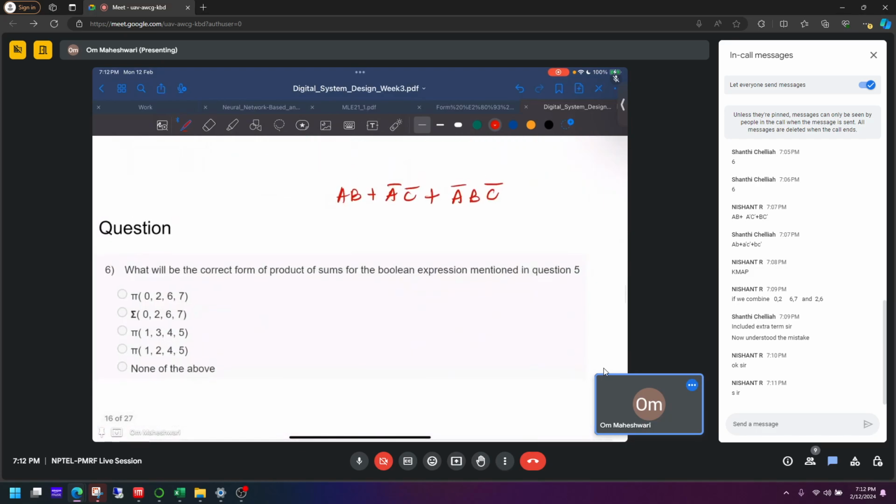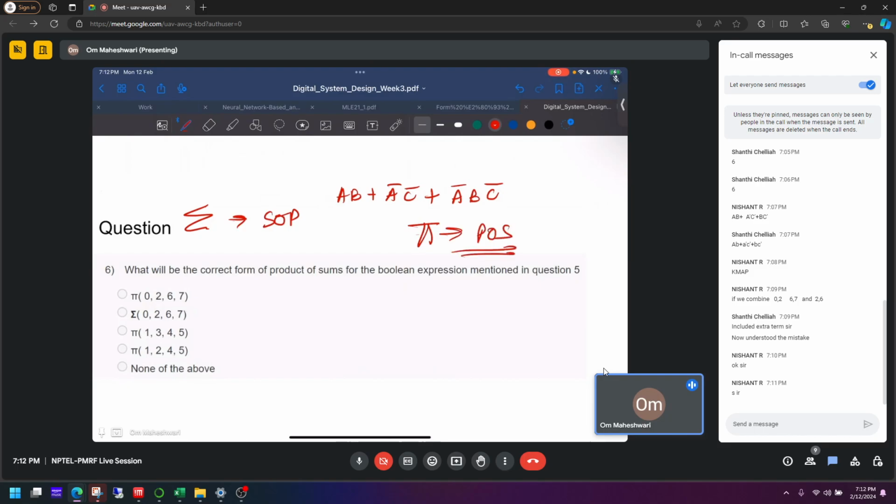So we have to find the product of sums. When we write sigma we write sum of product. When we write pi we write product of sum.